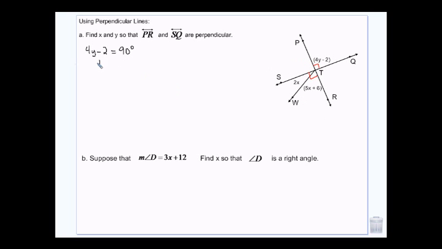So I'm going to add 2 to both sides. Wait, what did you say with those two? We want the lines to be perpendicular. So we're looking at lines SQ and PR. So we want these two lines to be perpendicular to each other. So that makes these right angles. That's why they're 90 degrees. The one angle here only has y's in it, 4y minus 2. And it is 90 degrees, so I just set it equal to 90 degrees, and then I solve it.